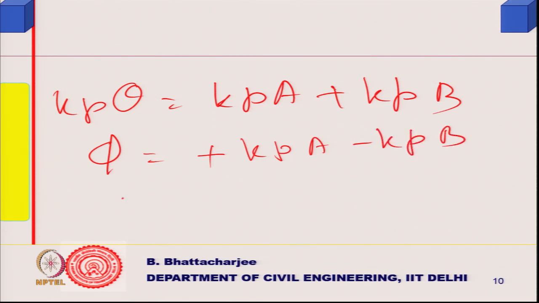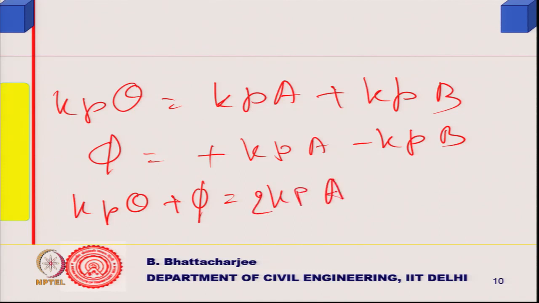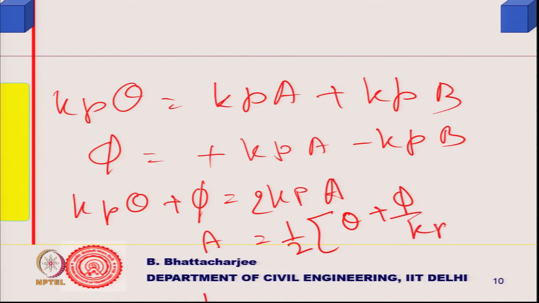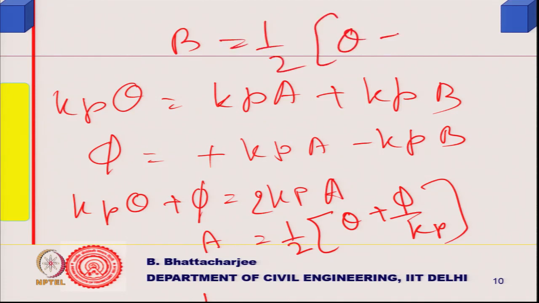Add this up, so you will get Kp theta plus phi equals Kp A, and therefore A is simply half theta plus phi by Kp. Similarly, if I subtract, repeat this process, I will get B equals half theta minus phi by Kp.